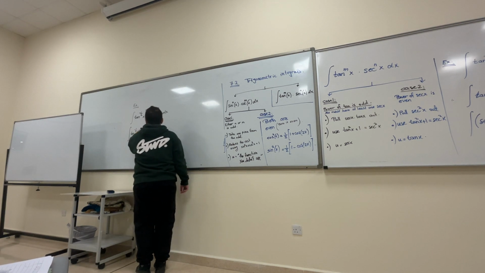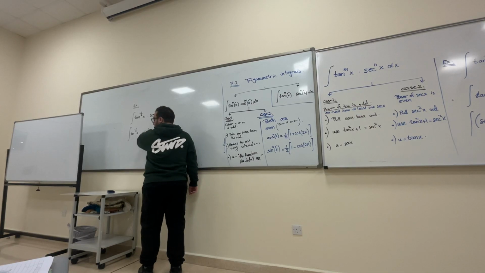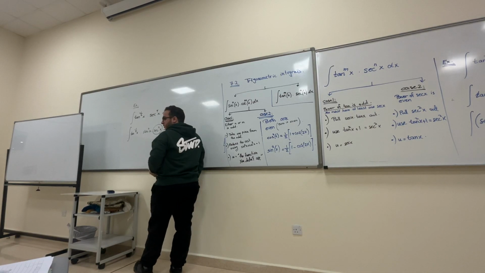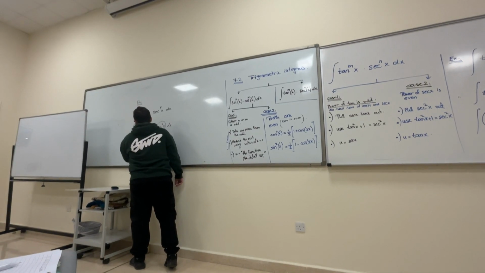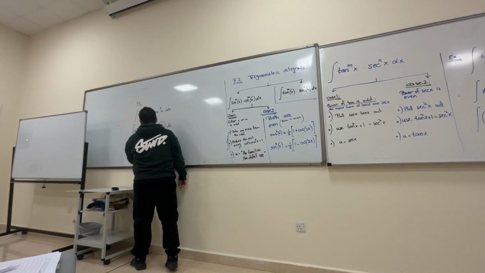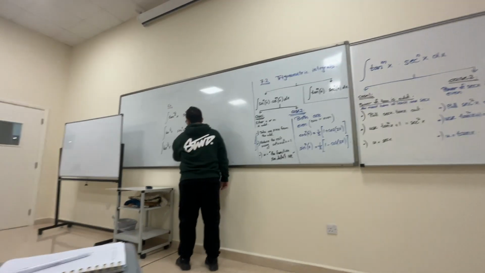I pull a secant squared out, and I need to replace the remaining secant squared x with the identity. What's secant squared? Tan squared plus 1.